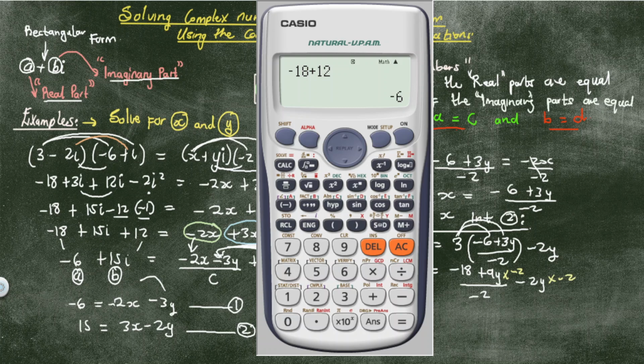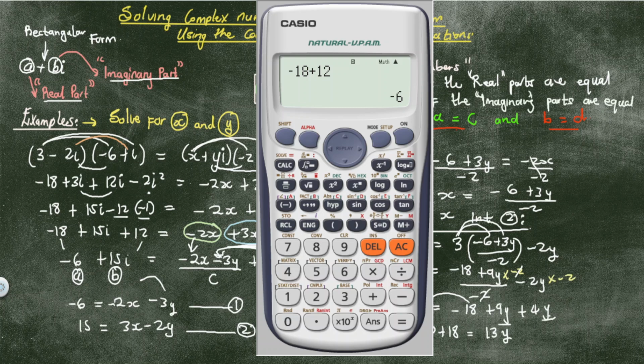Minus 2 times 15, that's negative 30, equal to, this 2 cancels that 2, I'm left with a minus 18 plus 9y. This times that, it's a plus 4y. Like terms, minus 30, we transpose this 18, it gets to the other side as a positive 18. 13y.